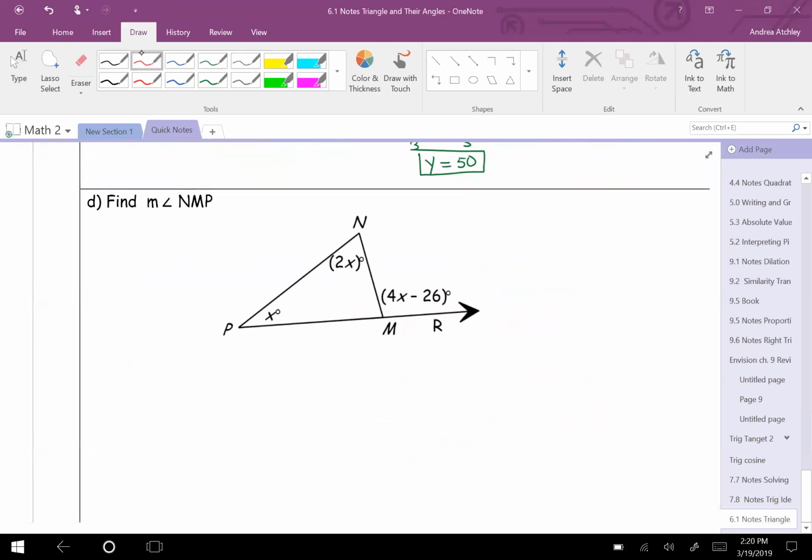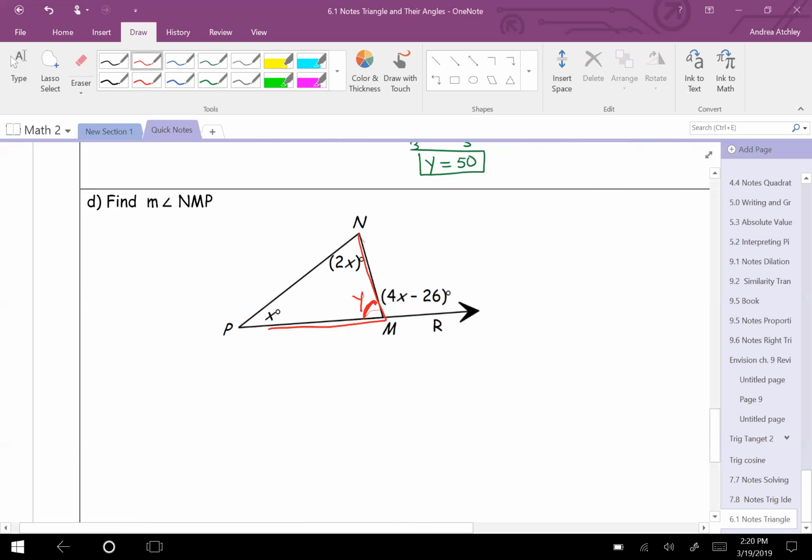We want to find the measure of angle NMP. So this angle here. The thing is, then we'd have two variables because this is like a y, right?